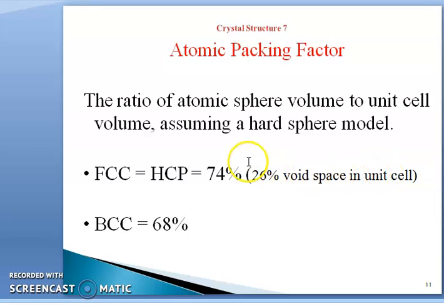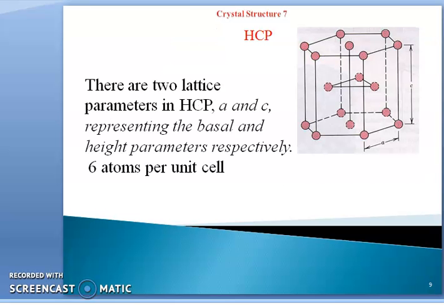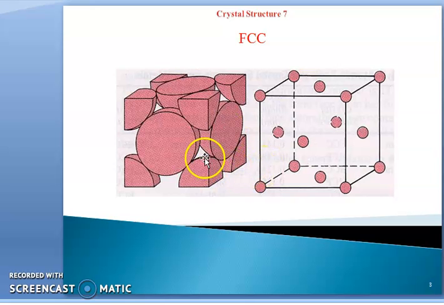Void space in the sense what? The space between these atoms, I will show you the figure. Here you see the space is showing here. White color space is there in between these atoms. This is said to be what? Void space. So from this figure it is clear what void space is.